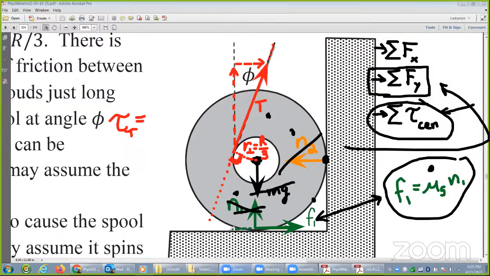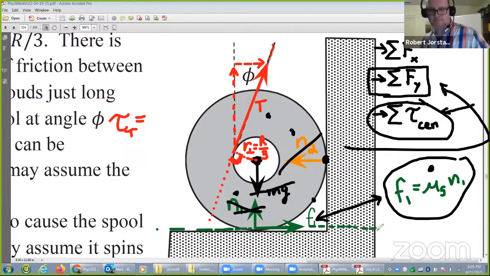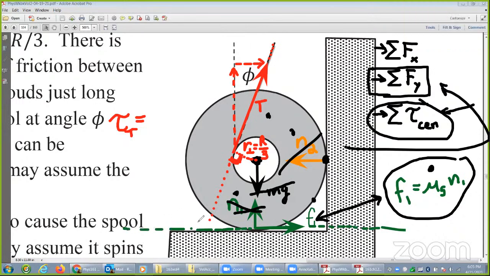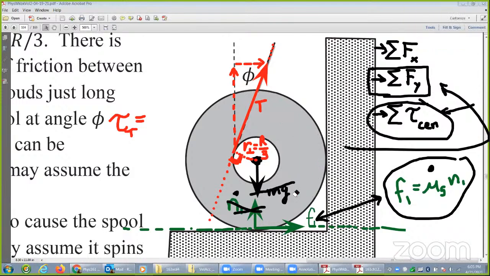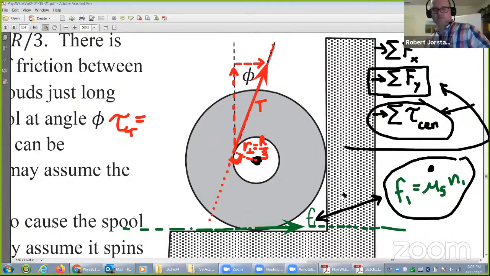Okay, so let's do what we did for torque and make that line of action. Got it? And then we're using the center, right? Yes. Okay, so it's just going to be kind of like MG going straight down. Yep. So just cleaning up those other forces now.